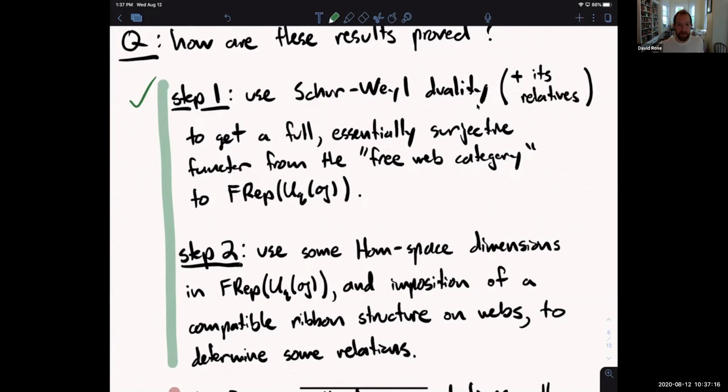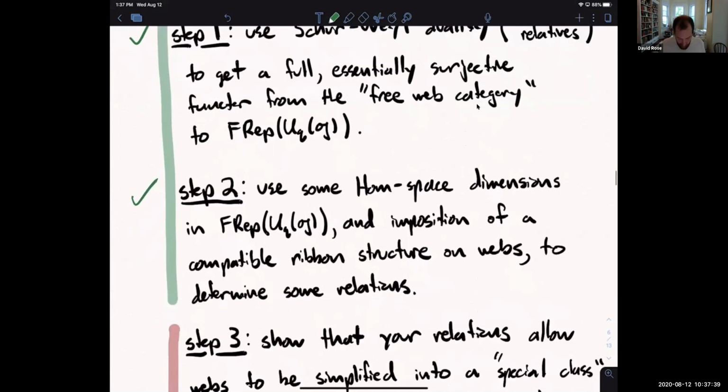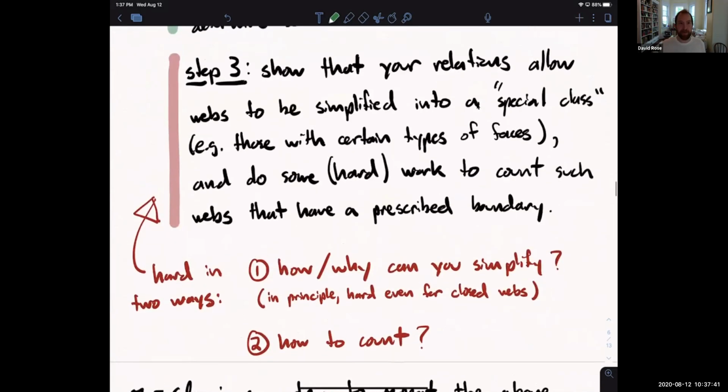If you're curious, you could look in my paper with Tatum. We actually just do steps 1 and 2 in the type C3 case, the SP6 case. This is roughly how some of the previous proofs had gone, and this is explicitly how we get our guess for what should happen in higher rank. But then you run into step 3, and step 3 is the hard step.